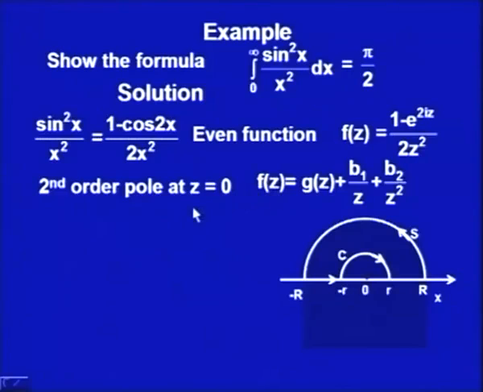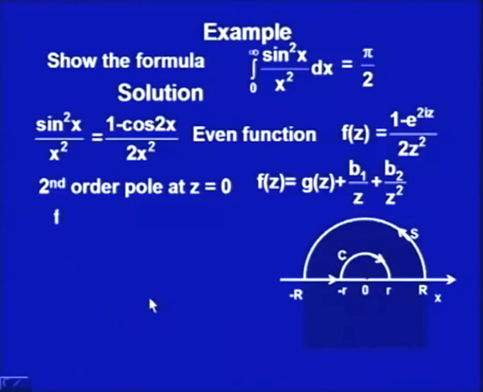We know that if the function has an isolated singularity, we can write its Laurent series, and since it is a pole, the principal part terminates at a finite number of terms, according to the order of the pole at that point. Because it is a second order pole, the principal part has only 2 terms. Since the pole is at z equal to 0, z minus z naught is simply z, so we get f of z as g of z plus b1 upon z plus b2 upon z square.